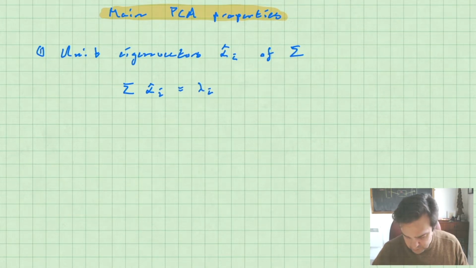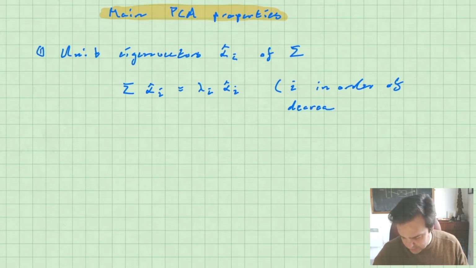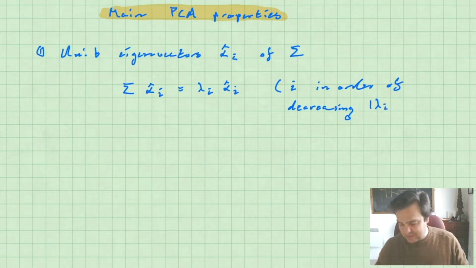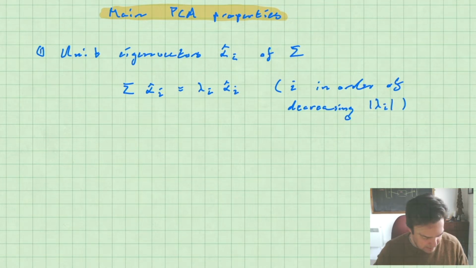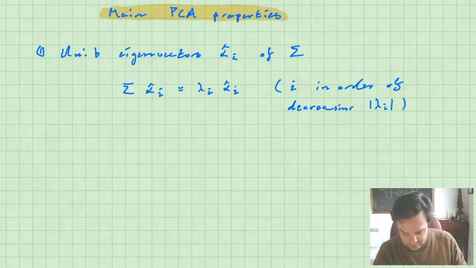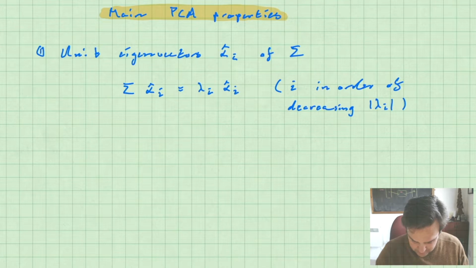And then we're doing the convention i in order of, how do we say it, decreasing, we should just put lambda i, but just to be extra cautious, I'll put absolute values around there, even though, as I said, negative ones are sort of problematic for us. The unit eigenvectors of this point along the ith PC axis.